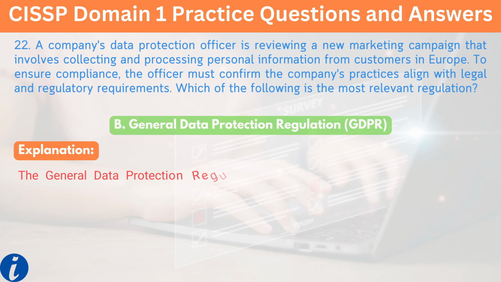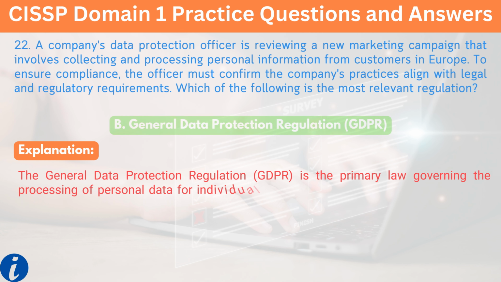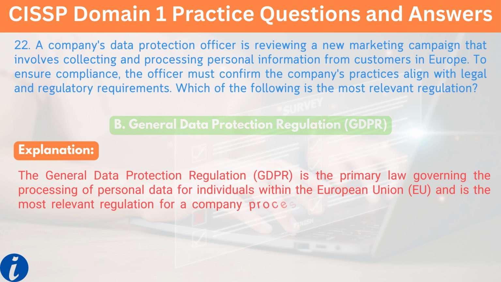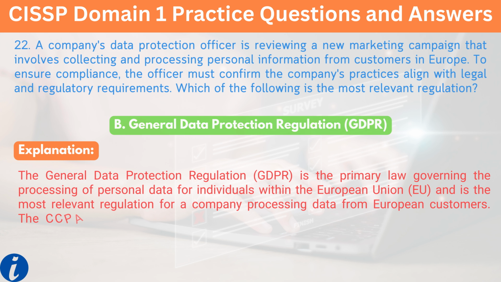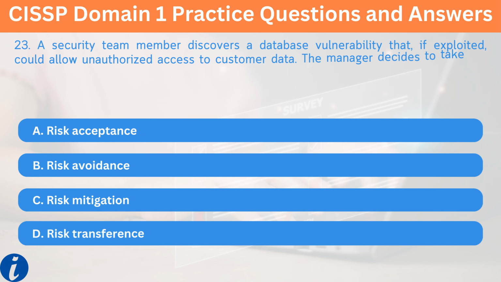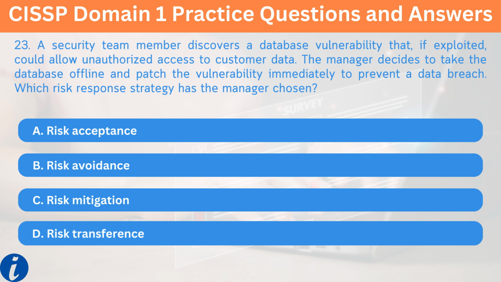The correct answer is B. General Data Protection Regulation, GDPR. Explanation. The General Data Protection Regulation, GDPR, is the primary law governing the processing of personal data for individuals within the European Union, EU, and is the most relevant regulation for a company processing data from European customers. The CCPA is a California law, PIPL is a Chinese law, and PCI DSS is a standard for handling payment card data.